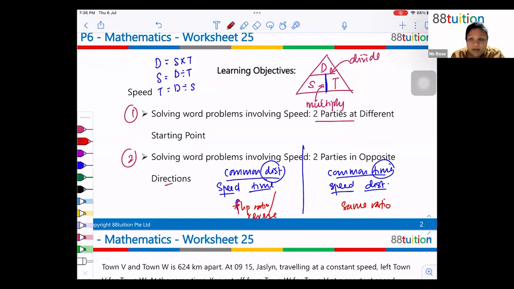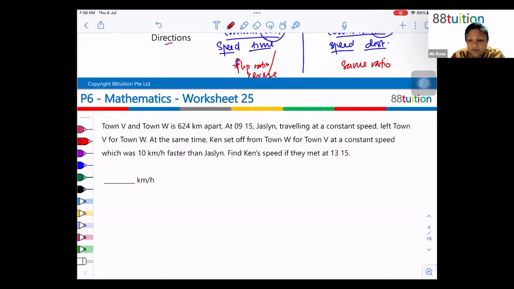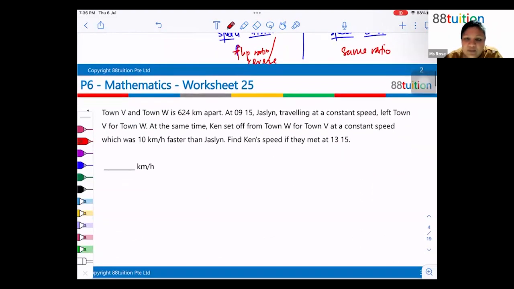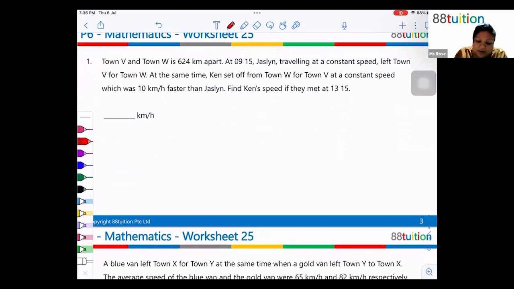All right, so for today, we're going to go through these questions. Question number 1. For this question, you have two towns. Always remember, whatever information is given to you, write it down in your distance time timeline.